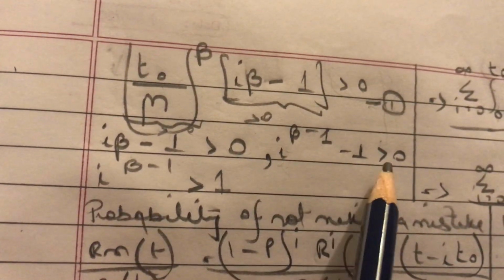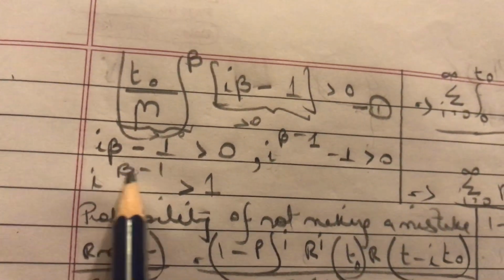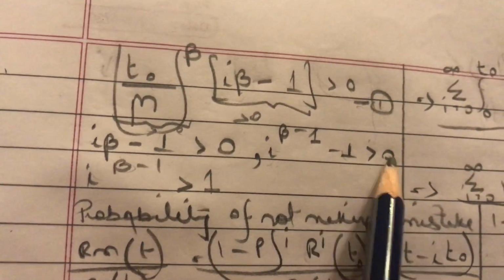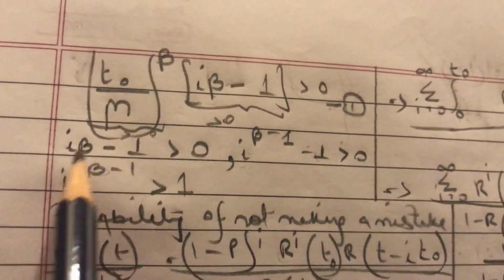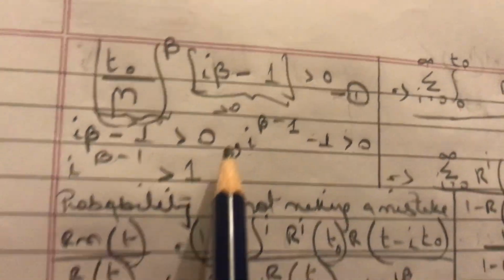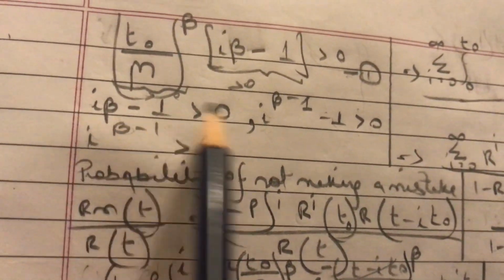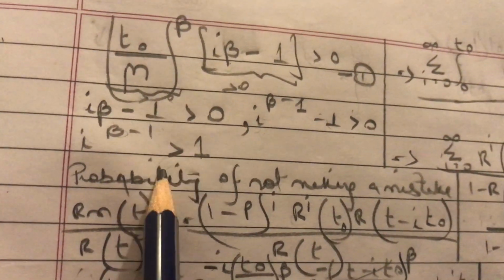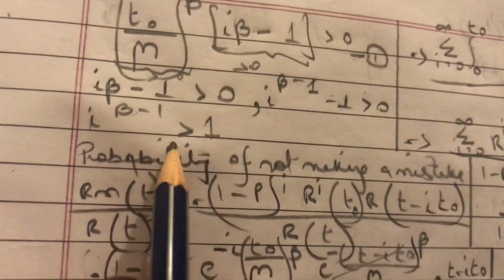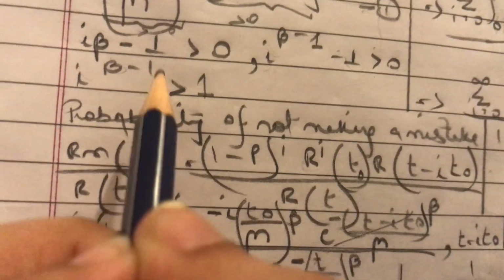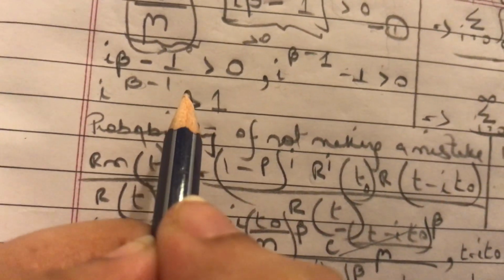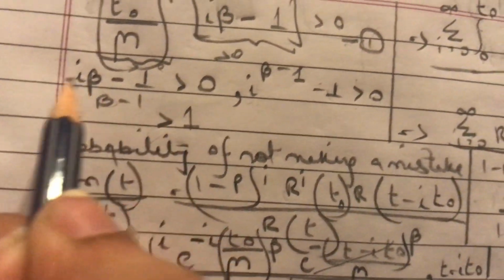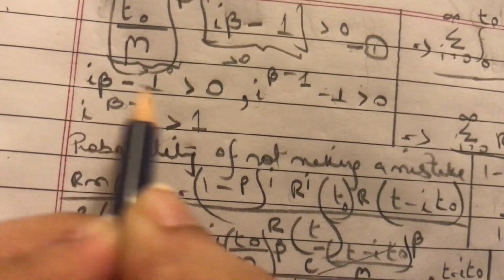And when we say I to the b minus 1, it goes there and can be represented as I to the b minus 1 is greater than 1. So this is our desired result that we got when we have the maintenance performing the reliability greater than 1. So we have got this equation here.